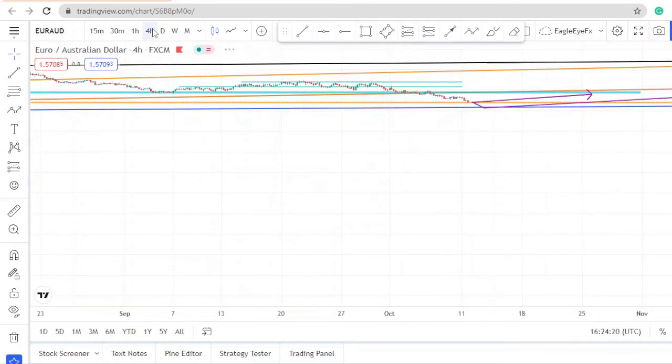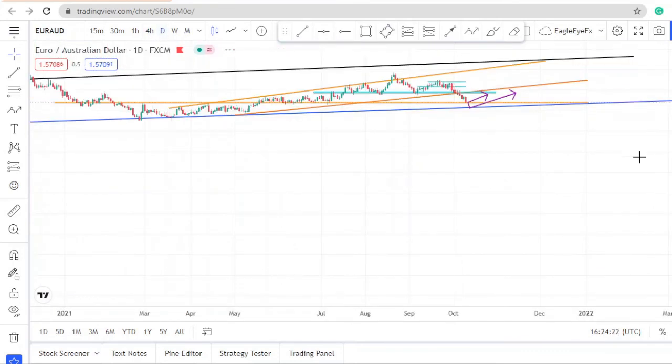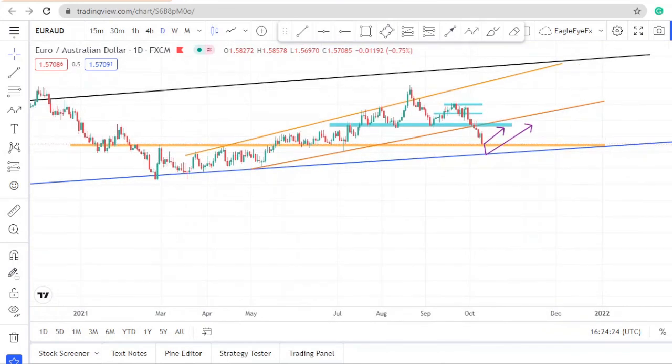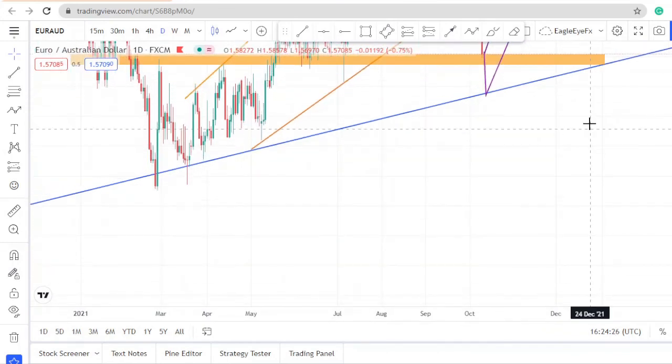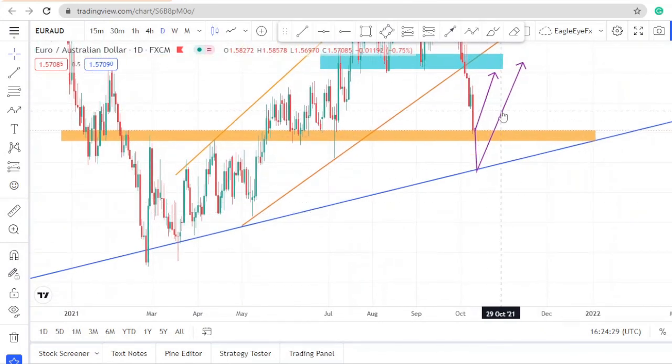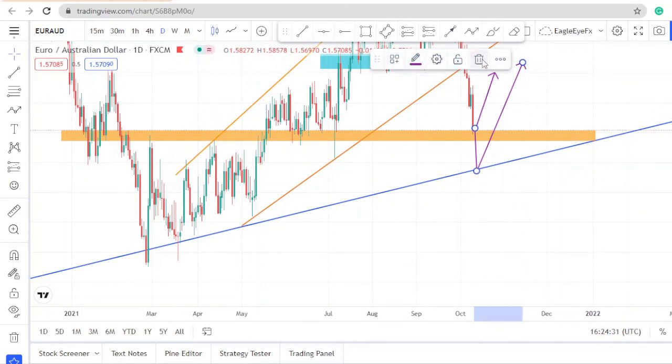So if I go back to the daily time frame, you can notice that Euro AUD is trying to approach.